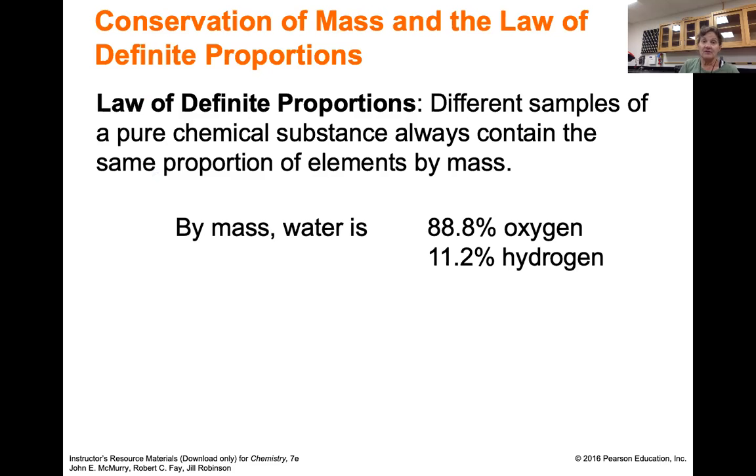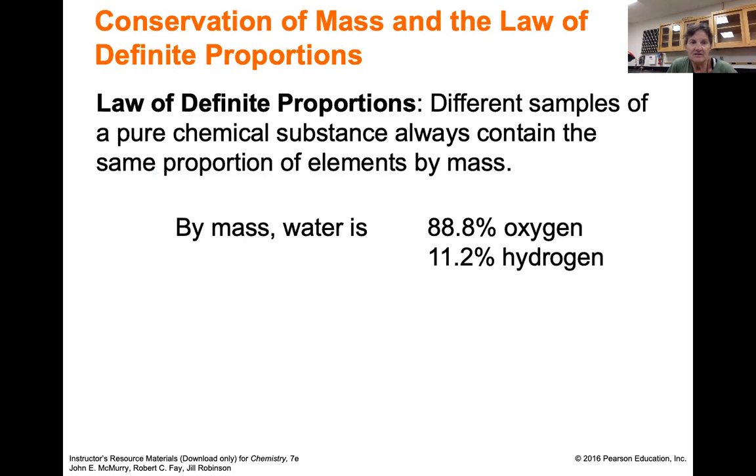So the law of definite proportions tells us that every compound has the same number of different atoms in it. So for example, we have water, the compound named water. It will always have 88.8% by mass oxygen and 11.2% by mass hydrogen. There'll be no other mass ratio that gives you what's called water.